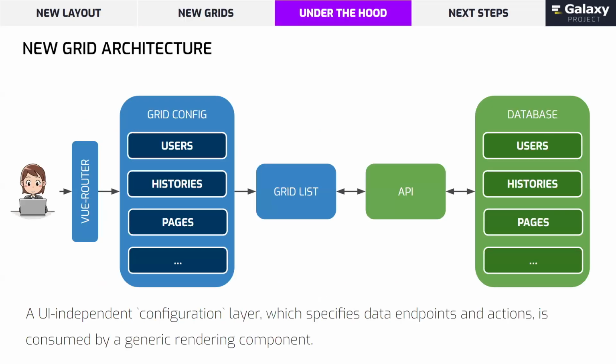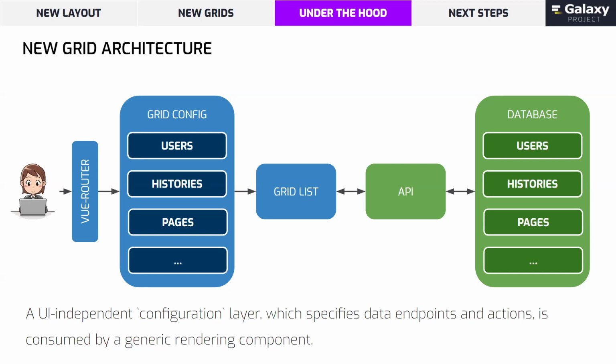Let's look a little bit at the technical side, how this was implemented. So basically, for every resource in the database on the right-hand side, a resource like users, histories, and pages, we have a UI-independent grid configuration. And this grid configuration specifies where the data comes from and what type of operations are possible on this resource.